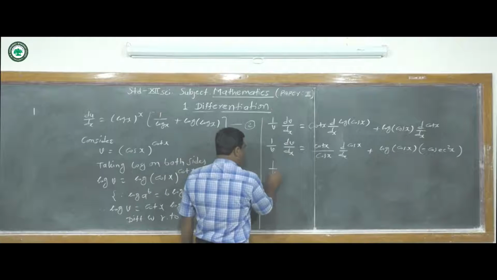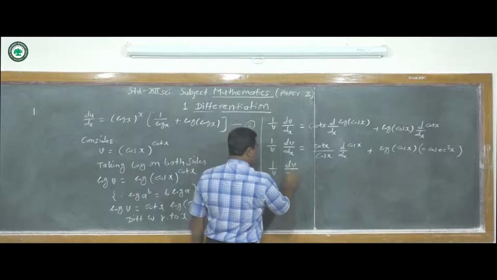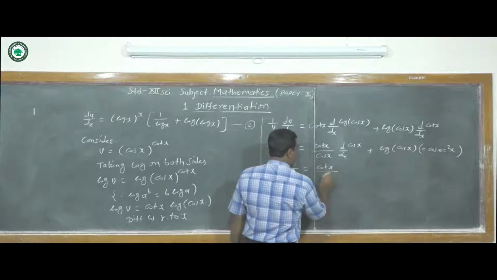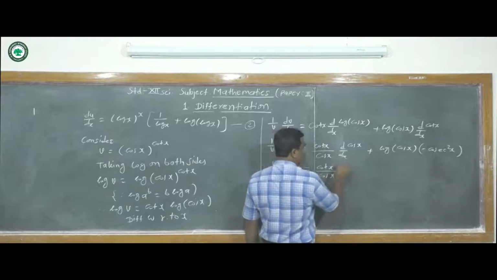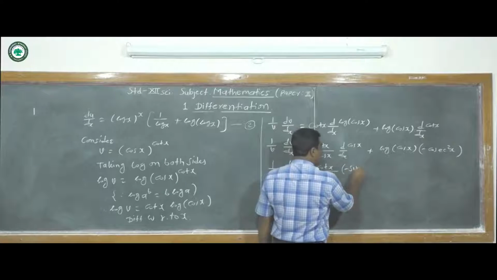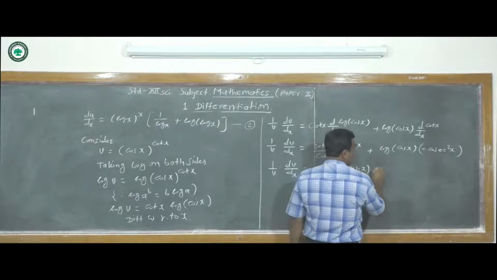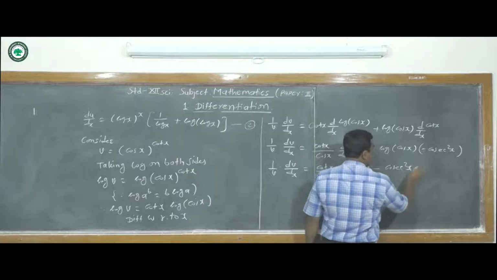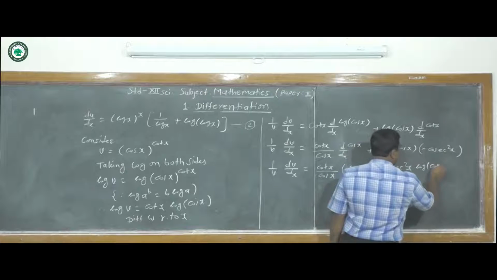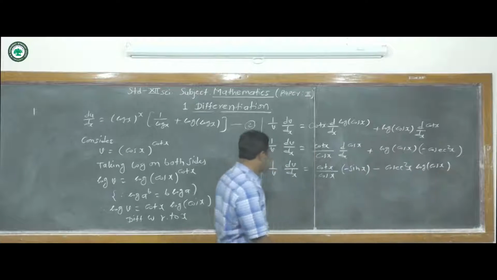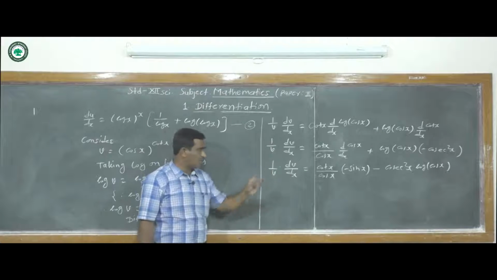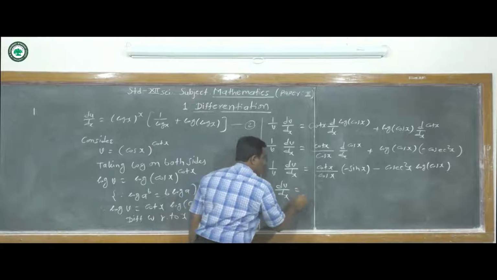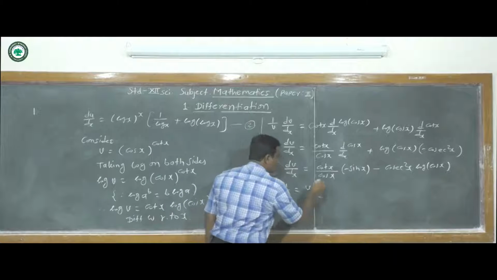that is, 1 upon v into dv by dx is equal to cot x upon cos x into the derivative of cos x, which is minus sin x, plus minus cosec square x into log of cos x. Okay, now we can take 1 upon v to the other side, then this equation becomes dv by dx is equal to v into in bracket.